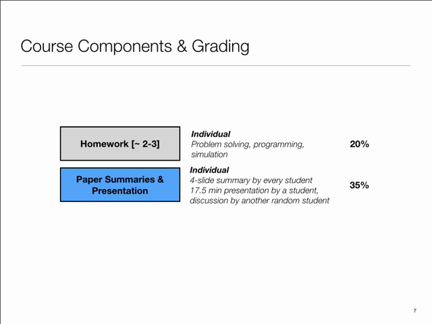It would be your duty, for one of the papers during the quarter, to come up with that presentation. You'll make the presentation, but then the discussion on that will be led by one of the randomly selected students using his or her 4-slider. It's my way of making sure that you actually read the paper.